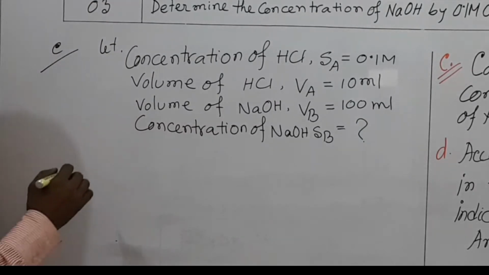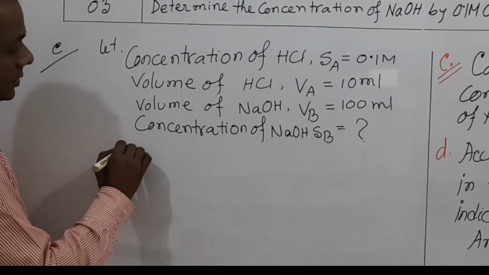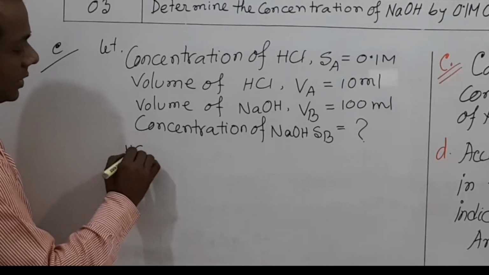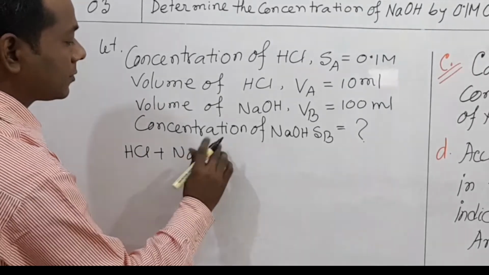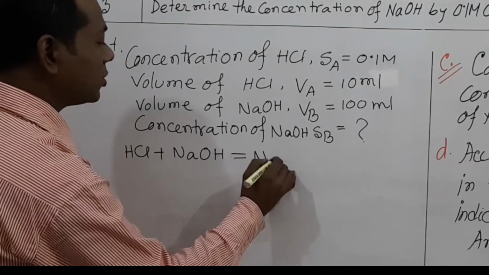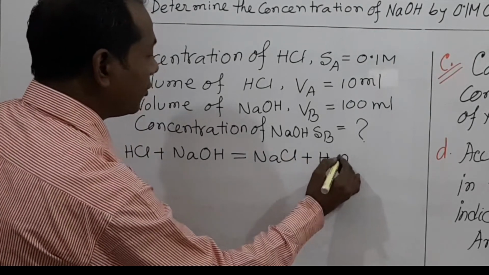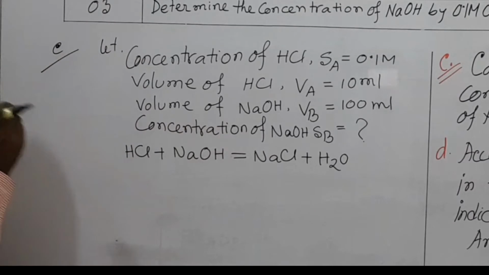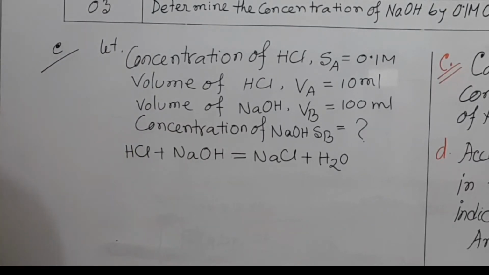My dear students, here the reaction is hydrochloric acid plus sodium hydroxide, and it produces sodium chloride plus water. Here we see that 1 mole HCl reacts with 1 mole sodium hydroxide.